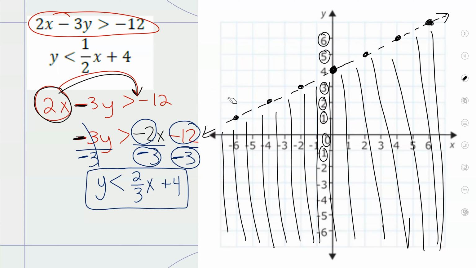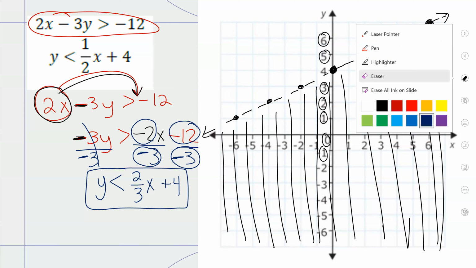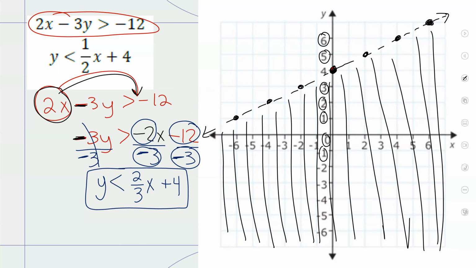Okay, so let's go ahead and graph the line. I have my y-intercept is at 4, so I'm going to start at 4. And then my slope is 2/3, so I'll go up 2 over 3. Up 2 over 3. I can also go down this way 3.